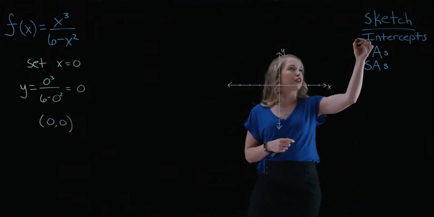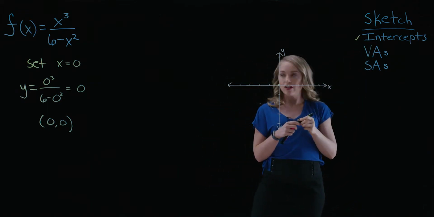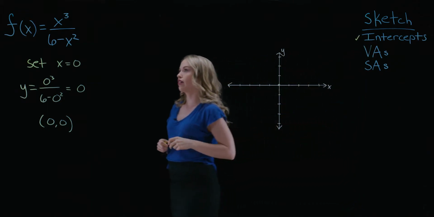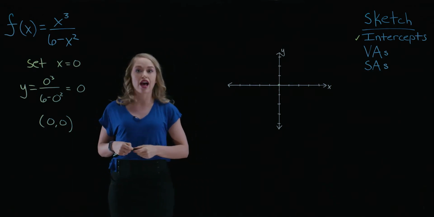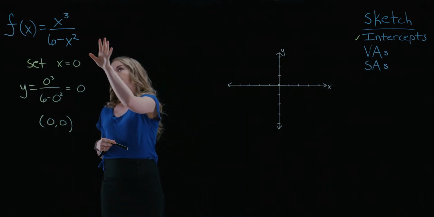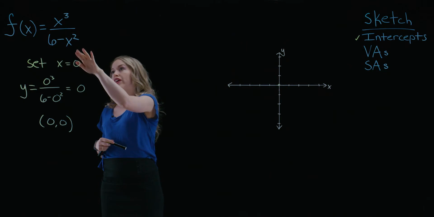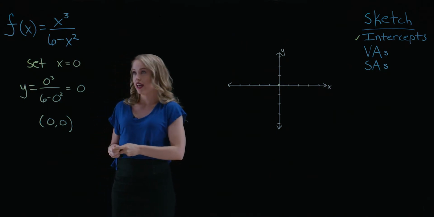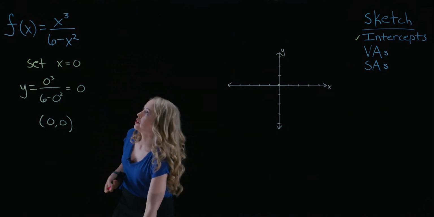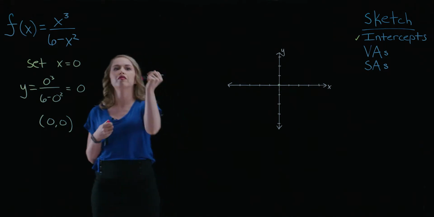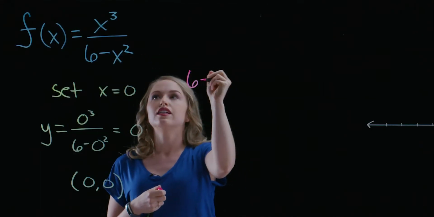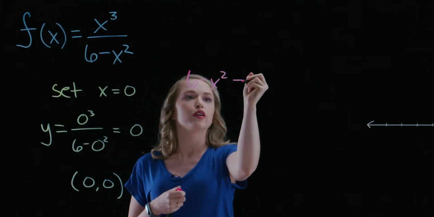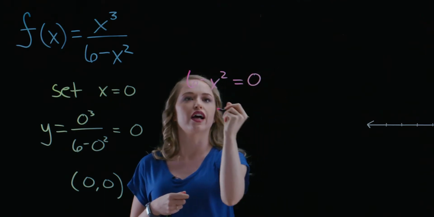Next, we want to check for vertical asymptotes. So for vertical asymptotes, I'm looking at for what value of x would I find 0 in the denominator. So I'll go ahead and set my denominator equal to 0. 6 minus x squared equal to 0. And now I'm simply solving for x.